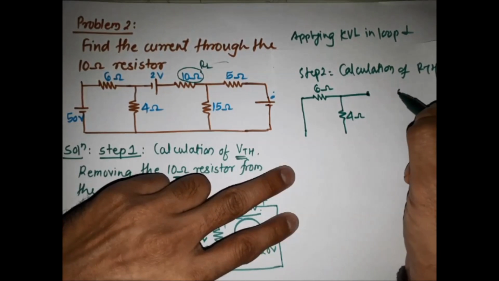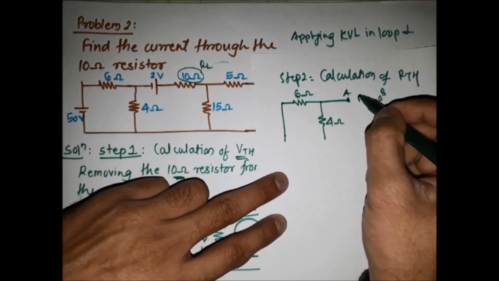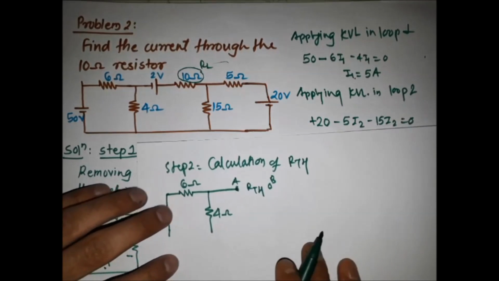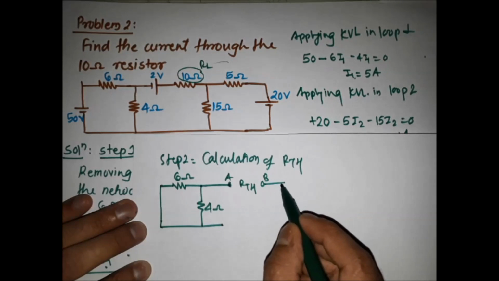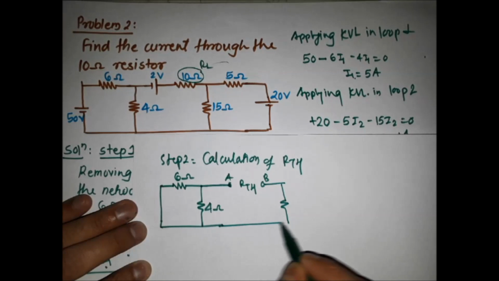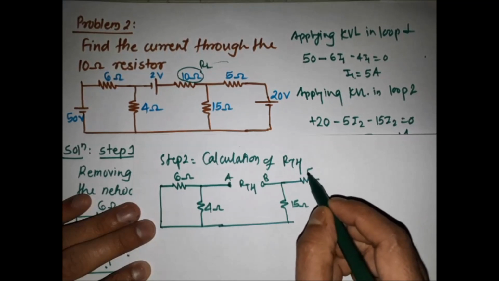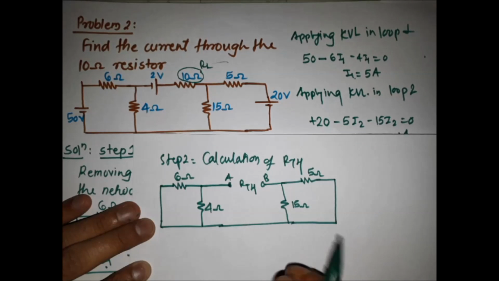Here we are replacing the load resistor with terminals A and B, and here we are finding RTH. Here is the 15 ohm resistor as it is, then the 5 ohm resistor, and this 20 volt source we are short circuiting.